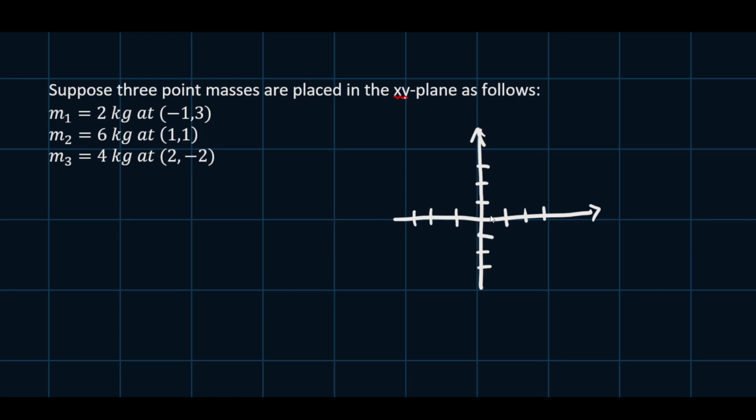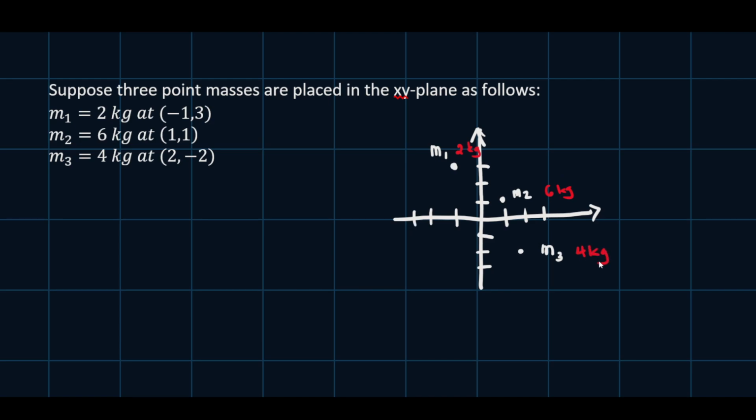Okay, M1 is at negative 1, 3. So, this one is M1. M2 is at 1, 1. And M3 is at 2, negative 2. Okay, yung mass ng M1 ay 2 kilos, yung M2 ay 6 kilos, and yung M3 ay 4 kilos.